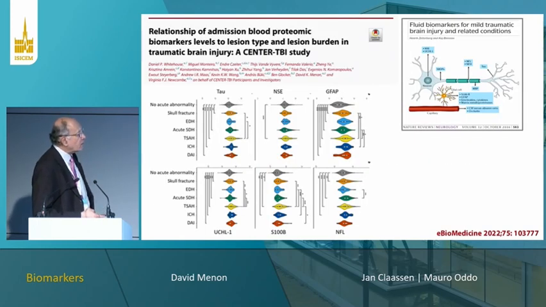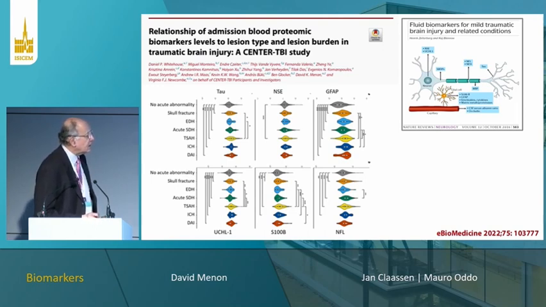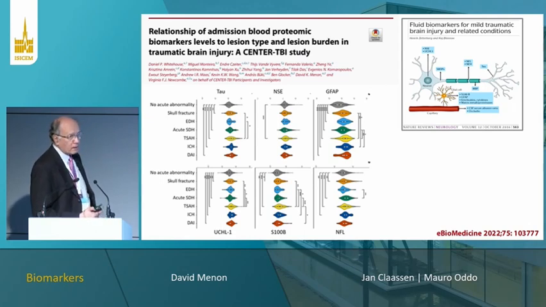So in a paper we published recently from the CENTER-TBI, what we looked at was the different kinds of CT findings, from no acute abnormality going through skull fracture, each of these, and finally diffuse axonal injury, and looked at how each of the biomarkers performed. First thing is, all of the biomarkers performed relatively well. They're elevated in all patients with different kinds of injuries to different extents.